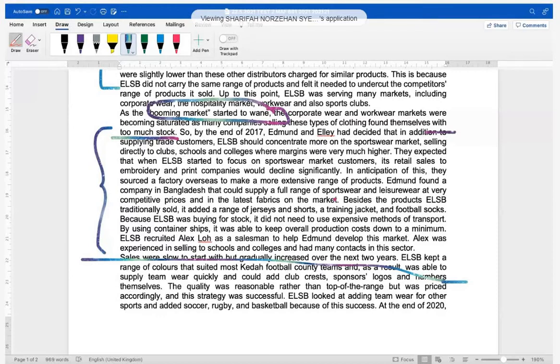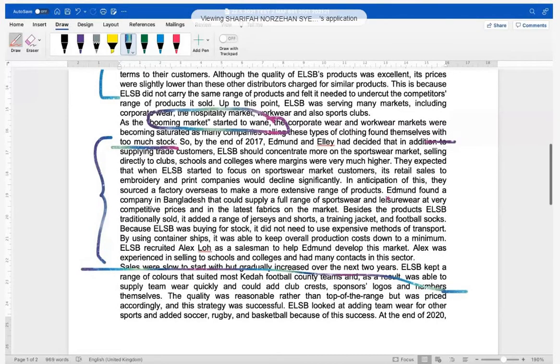Why? One, the booming market is no longer there, and after that they are talking about what you were saying just now about this particular new market that they can venture into. All right, because the existing market has already become saturated. All right, so they move. What else?